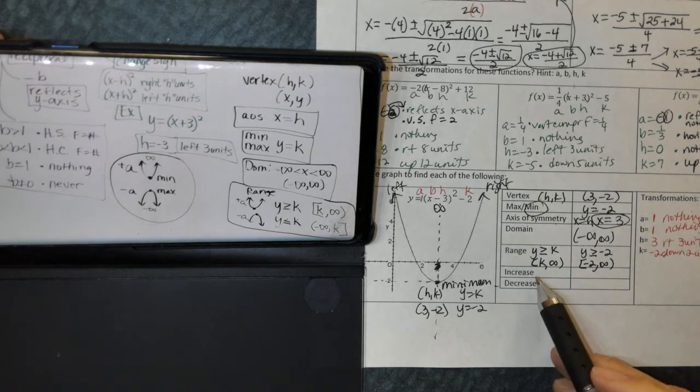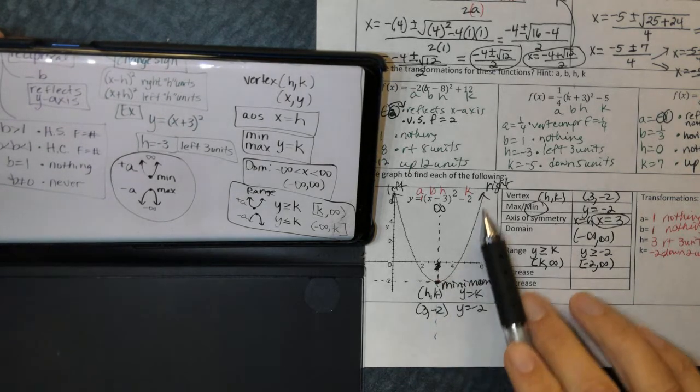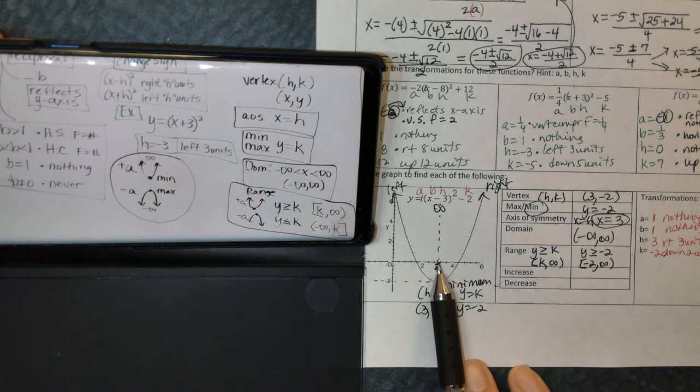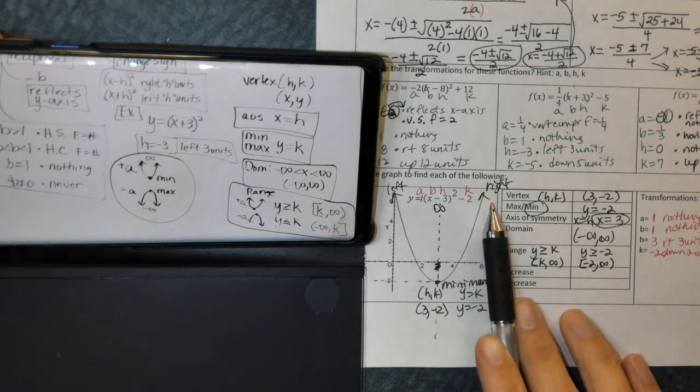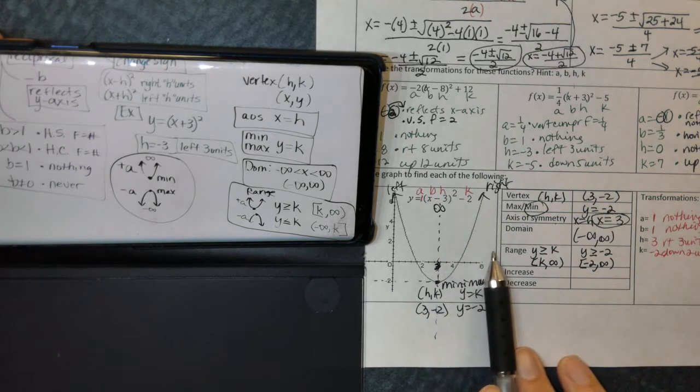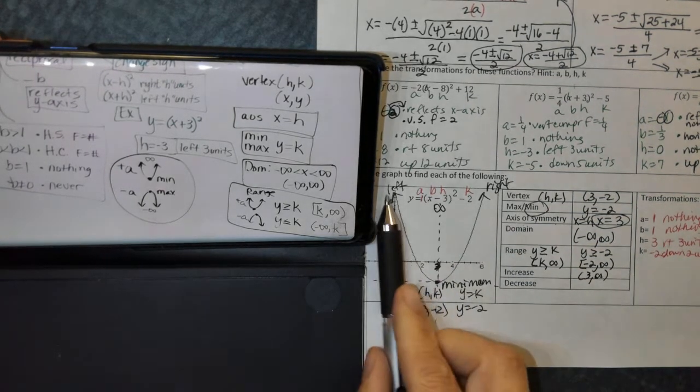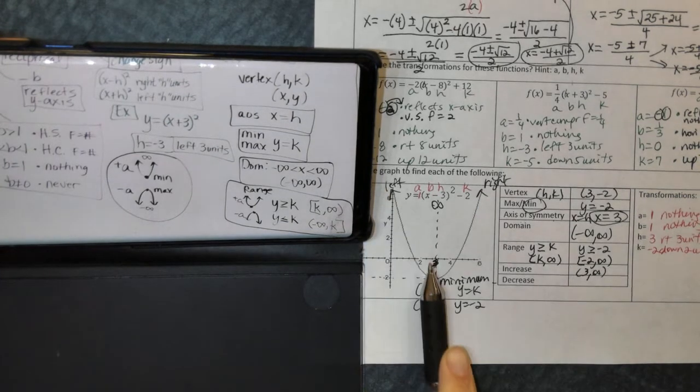Now, it increases from here to here. Okay, but remember, increase and decrease are only x values. So it starts here, which this x value is 3, and it keeps going up. But guys, remember, if it's x values, it means it keeps going to the right. So 3 to +infinity, and that's where it increases. And it decreases coming from the left down to 3.